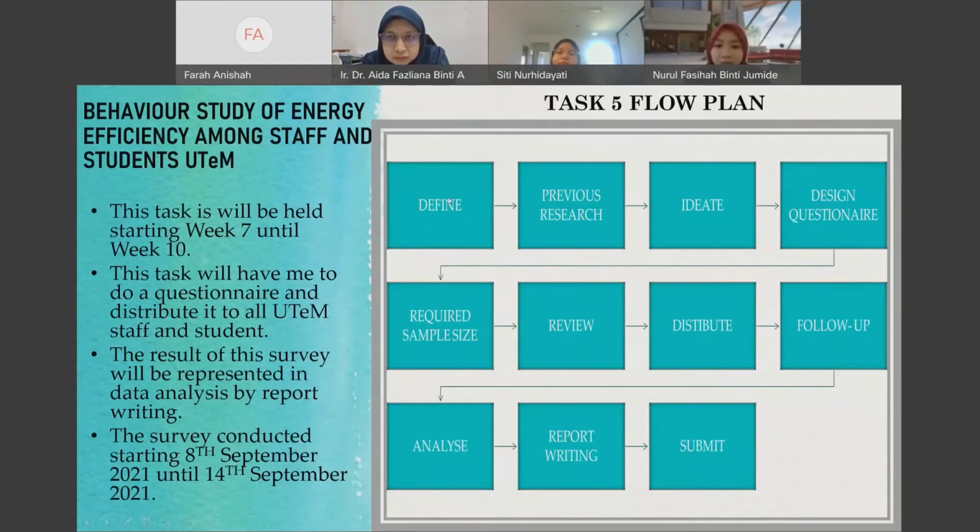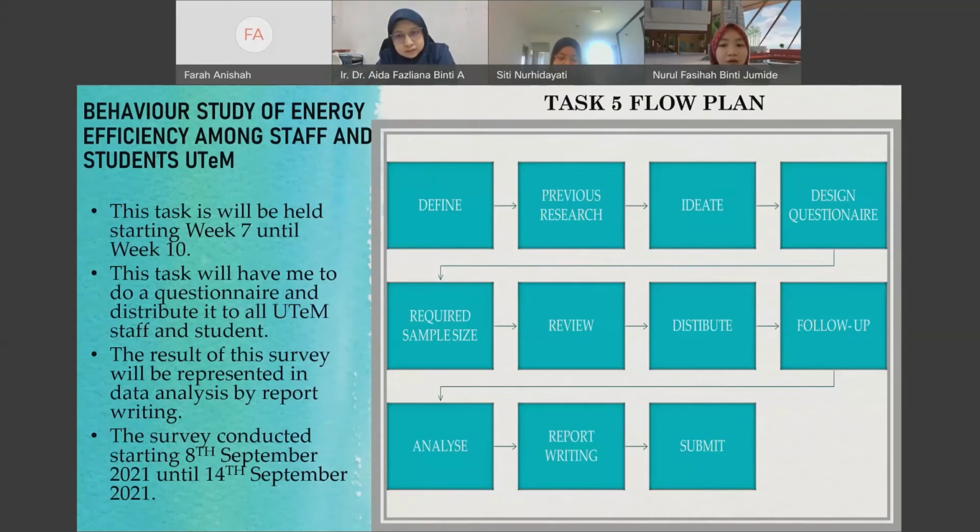Firstly, I defined the problem and the objective of this task. After that, I researched previous studies on how they studied the behavior of students and staff in a population. After getting ideas from the previous research, I ideated my own ideas based on our observation of our society, which is UTeM staff and students. I started to design a questionnaire.